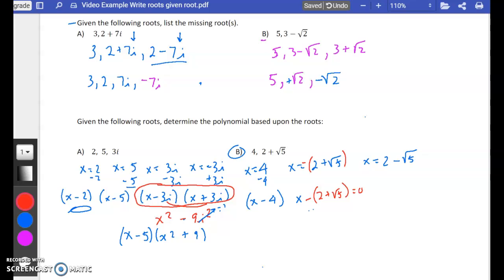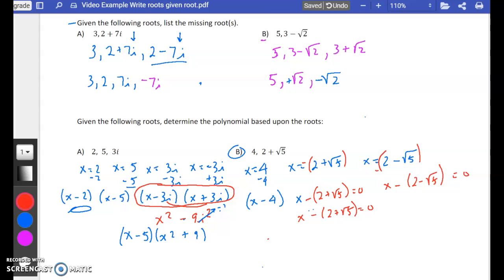Equals 0. So now I have x minus 2 plus root 5 equals 0. And if I do the same thing with the other one, I'm going to subtract to get x minus 2 minus root 5 equals 0.